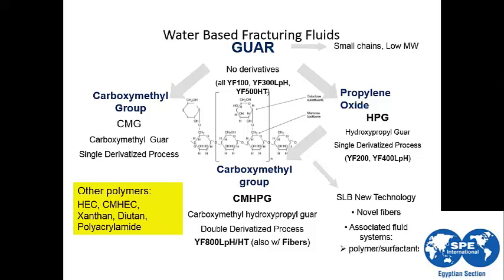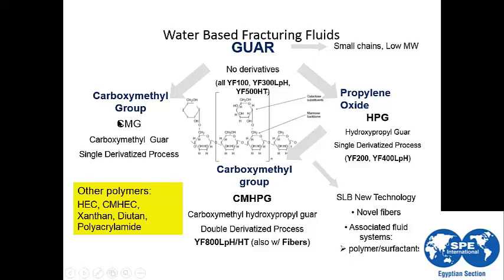The fracture fluid is formed from polymer. Polymer has chains. If this chain has a derivative, this means that we have one derivative. If it has 2 derivatives, this means that we have a fracture polymer that consists of 2 derivatives. If we don't have any derivatives, this means that we are using the pure guar.